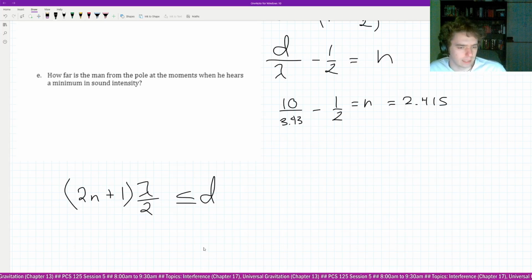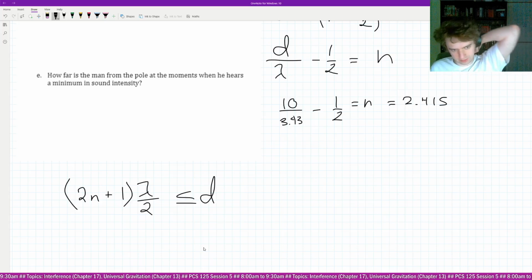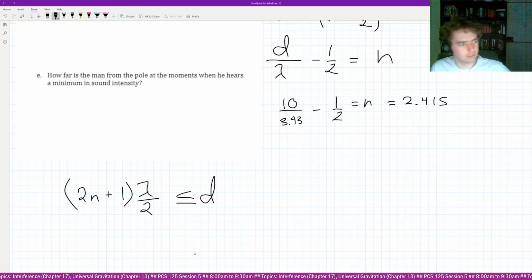So it should be minus, I guess, because for n equals 0. Oh no, for n equals 0, we want it to be plus. N equals 1, we want it to be. Can you have n equals 0? Is there a 0? I don't think there's a 0, because you can't have 0, right? Yeah, it just means at the source, I guess. It just means 0 wavelengths away at the source, 0 half wavelengths. It's destructive interference.